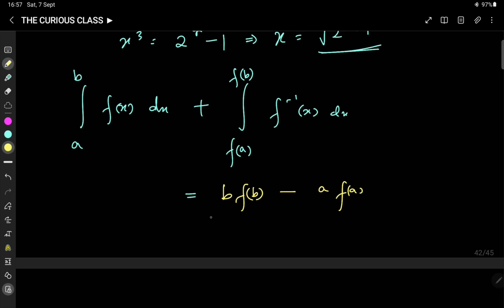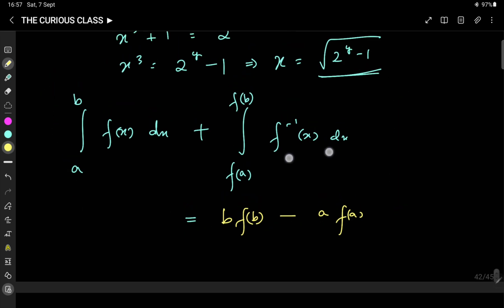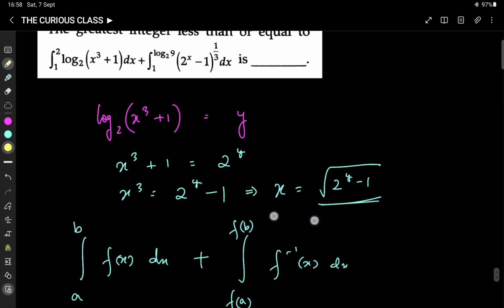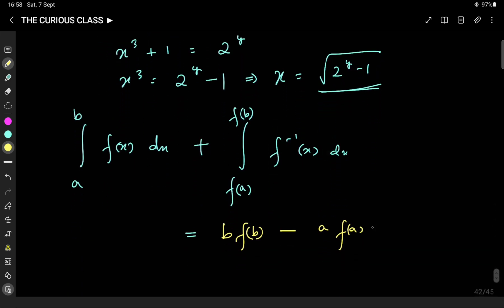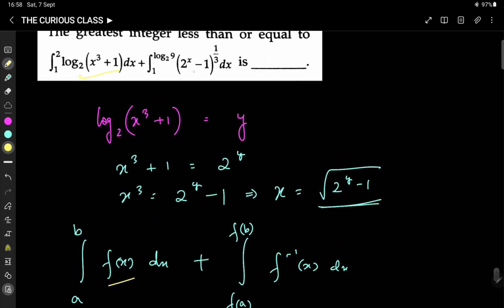The property is there. You can see the proof anywhere on YouTube or on the internet. This comes under the JEE Advanced and JEE Main syllabus, so there is nothing unnatural. Here we have this f of x and this f inverse. You just need to check whether these two limits are f of a and f of b or not.